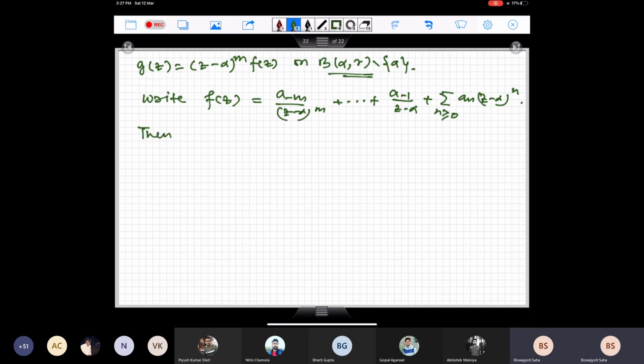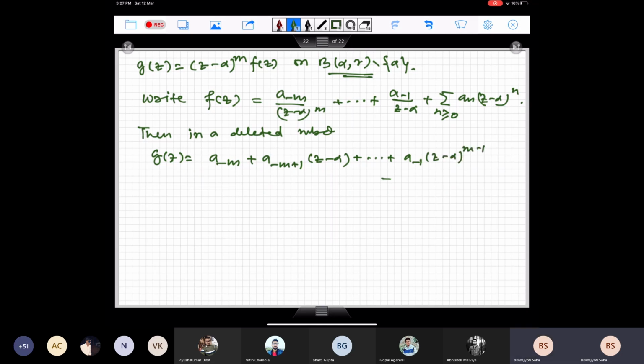Then in a deleted neighborhood, what I get is g of z equals a_{-m} plus a_{-m+1} (z minus alpha) plus so on and so forth, a_{-1} (z minus alpha)^{m-1}, plus the summation over n bigger than or equal to 0 of a_n (z minus alpha)^{n+m}. Okay, so this is what we get.